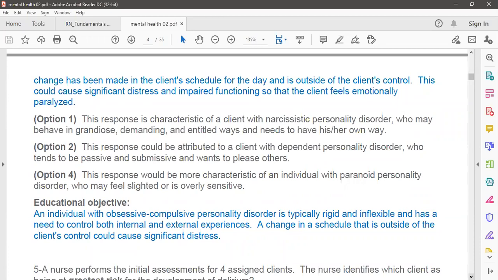So here, what are the educational objectives? An individual with obsessive compulsive personality disorder is typically rigid and inflexible and has a need to control both internal and external experience. A change in schedule that is outside of the client's control could cause significant distress.